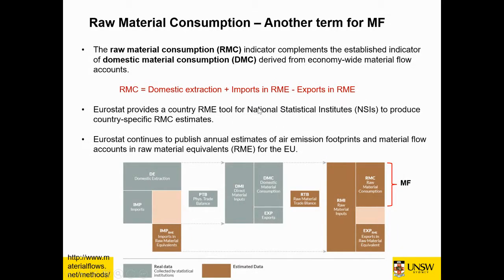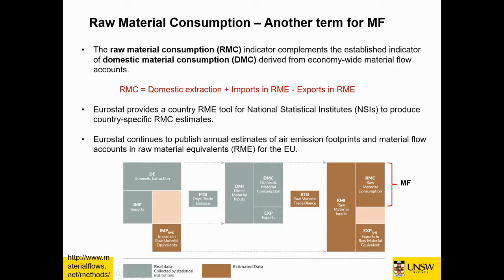Okay, so what we see here is that both imports and exports are now in terms of raw material equivalents. So this is a portion of that initial extraction, which is associated with the production of these products which are imported or exported. So here is a schematic about it. This one looks like that initial diagram that we saw, which is the direct materials, right? So we're looking at that domestic extraction and direct imports.